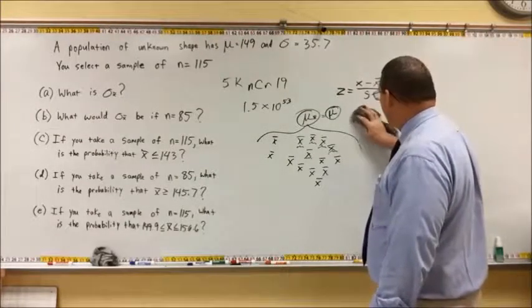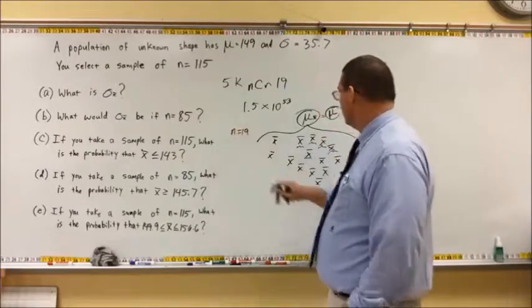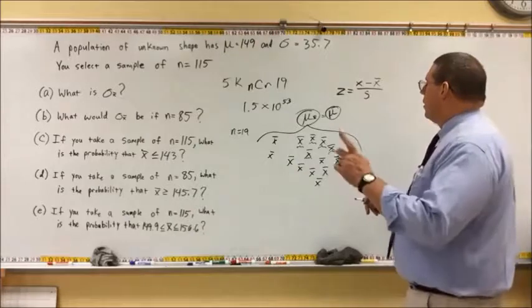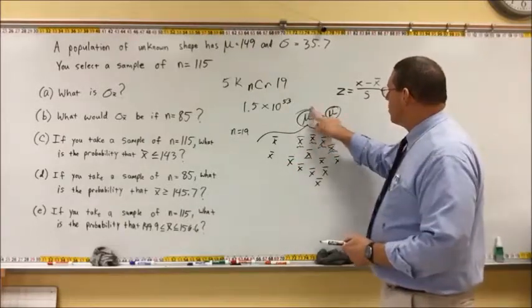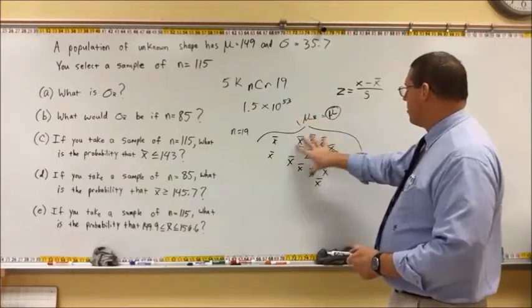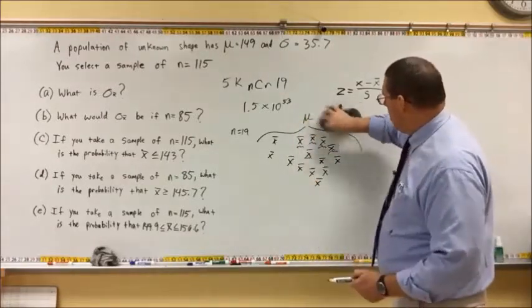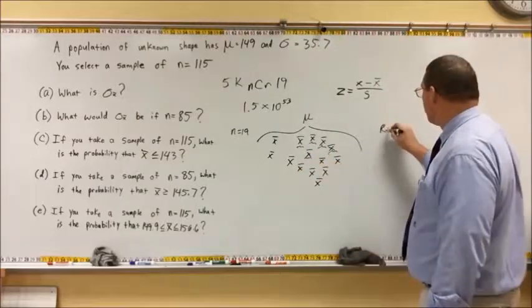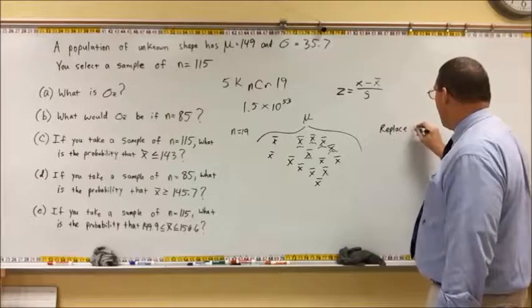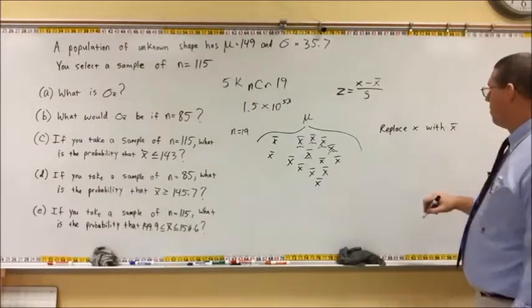All right, so here's what I'm going to tell you, though. So let's say n is 19. What we now have is, instead of having a bunch of x's under here, we have a bunch of x bars. So we will replace x with x bar.